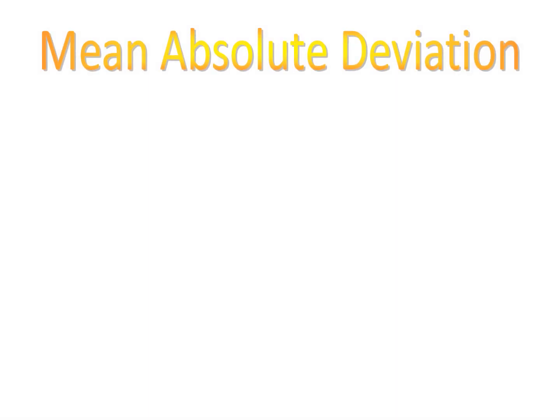So this video is going to talk about how to find the mean absolute deviation of a set of data points. This is a great piece of information. Mean absolute deviation, we abbreviate that as MAD.